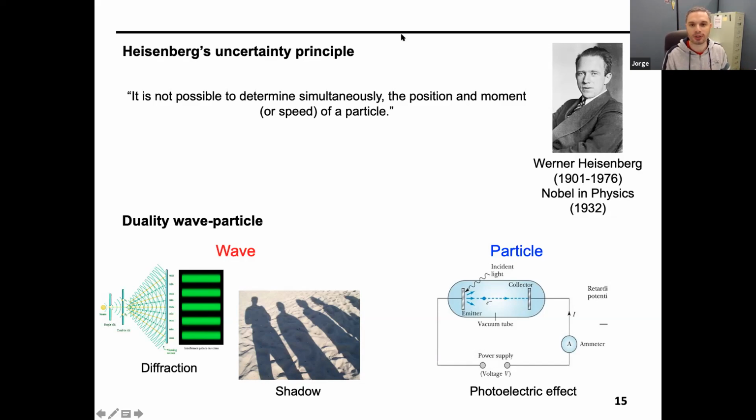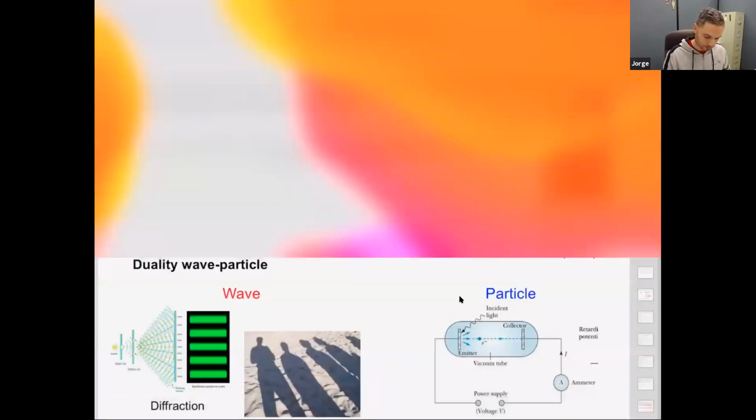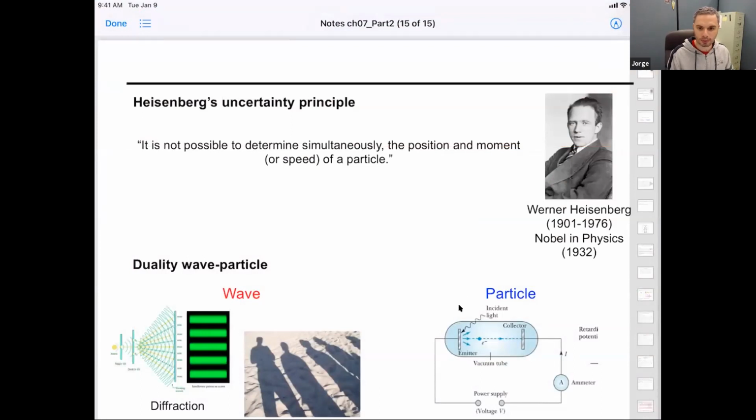So let me switch screens and let's see if we can draw something here. Imagine that we have an object moving in a straight line, and we want to touch this object to determine exactly its position.